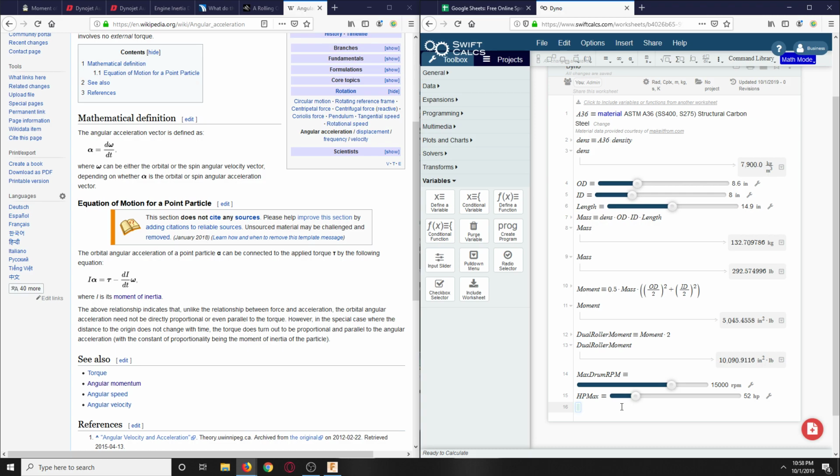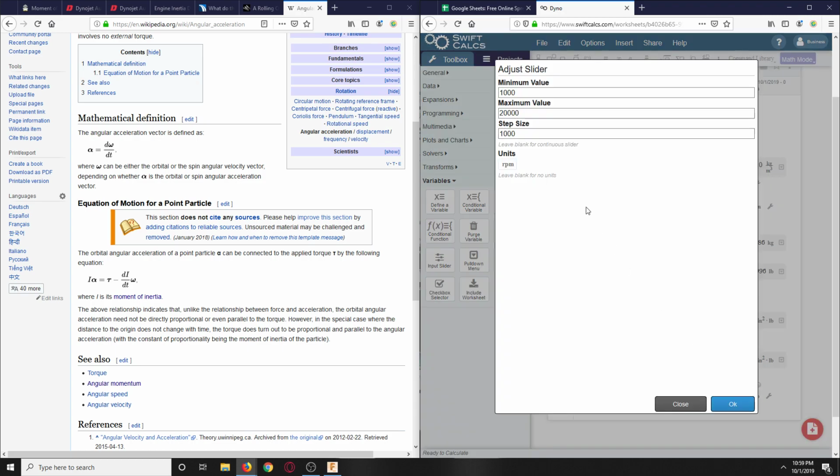So what we need to do is we have the moment, and we need to find the torque at a specific RPM. So let's say max. Let's say here, measured RPM. So this is basically where we are measuring, and let's say that this is the engine RPM in actuality.